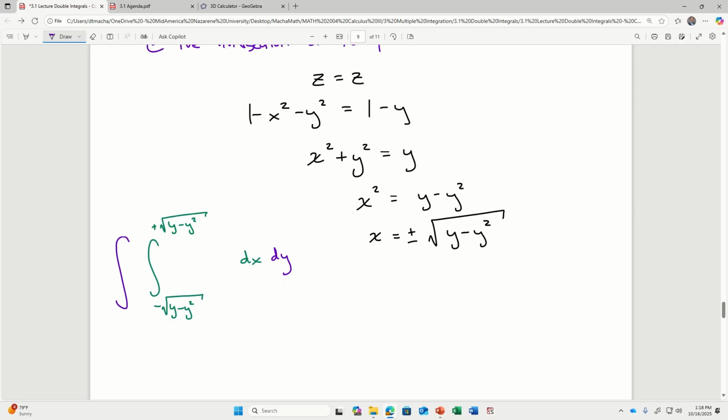So what's the lowest possible value of y that will still make it possible to satisfy this relationship with real number variables, where x is a real number and y is a real number? Well, what is the least value of y that I can use here?